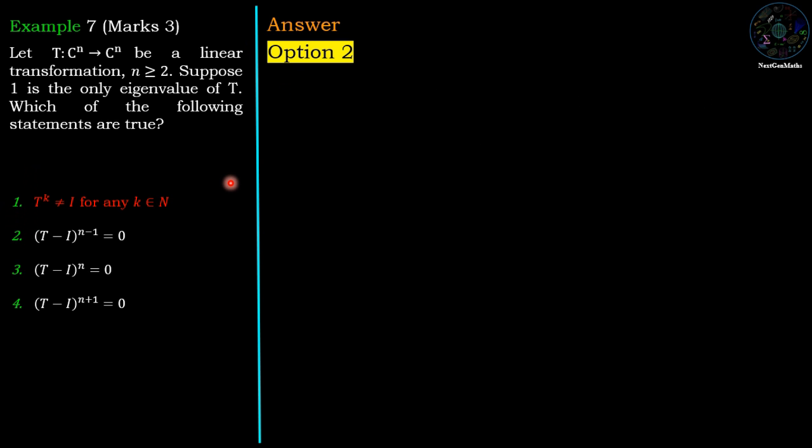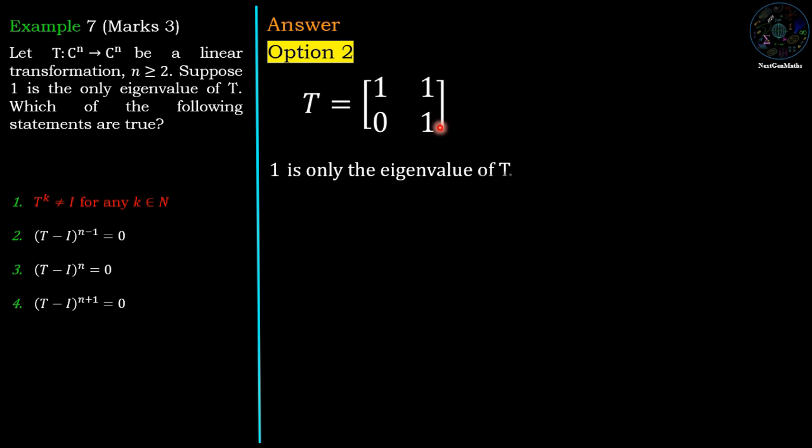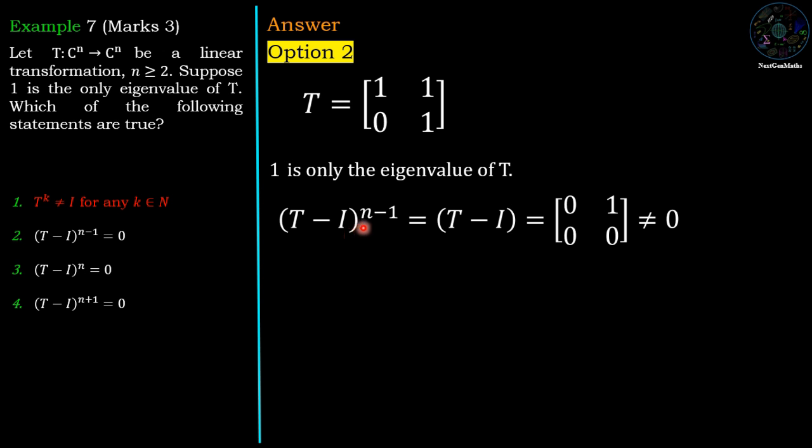Now second option, if we take T equal to [1, 1; 0, 1]. So eigenvalues of T are 1, 1. So all the eigenvalues of T are 1. So it satisfies this condition. Now (T minus I) power n minus 1. So n equal to 2.